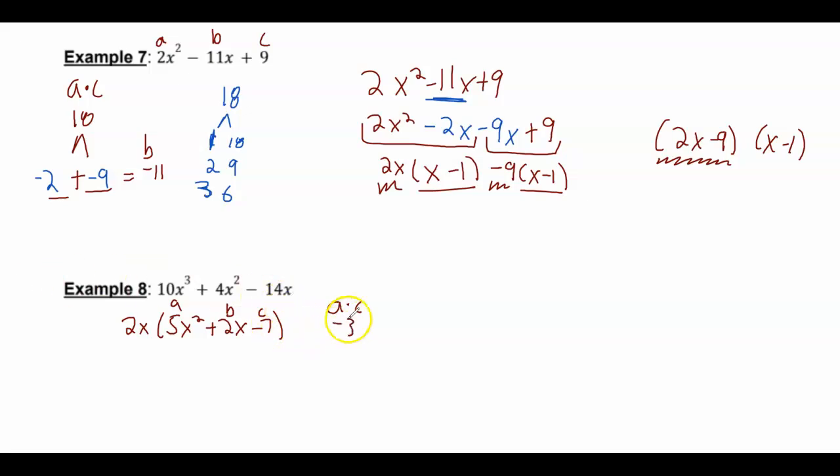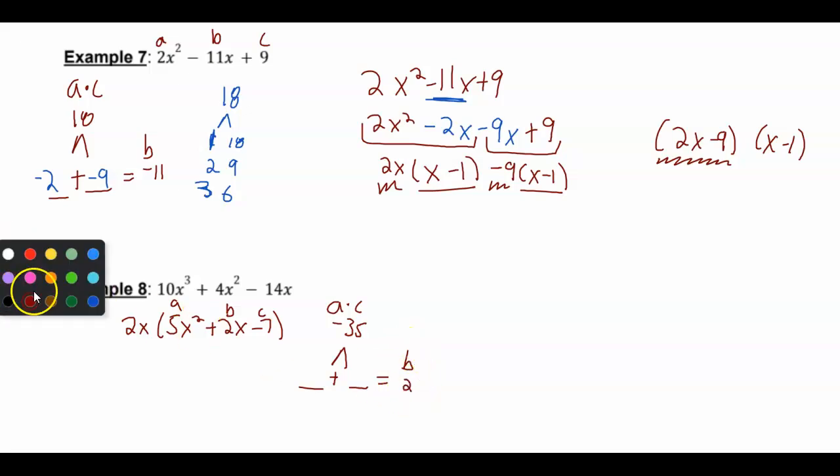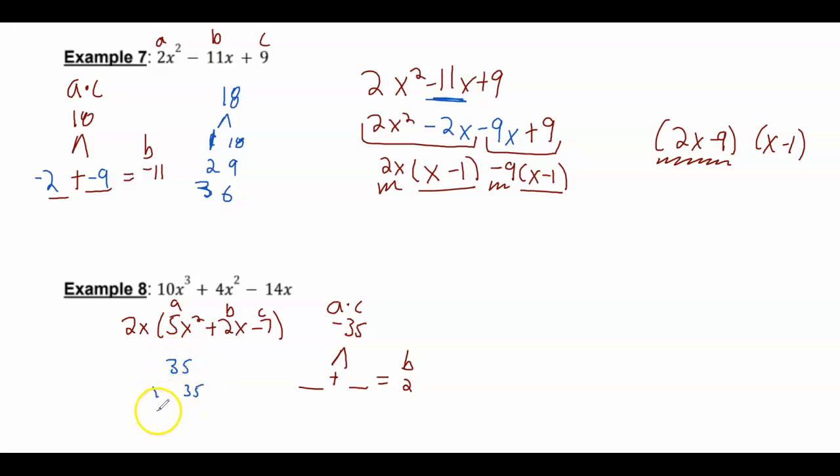Negative 35 is A times C, adds to my B of 2. My work to find my magic numbers, 35 is 1 and 35, 5 and 7. So I can use 7 and 5 and make my 5 negative.